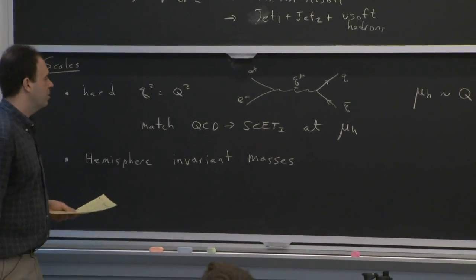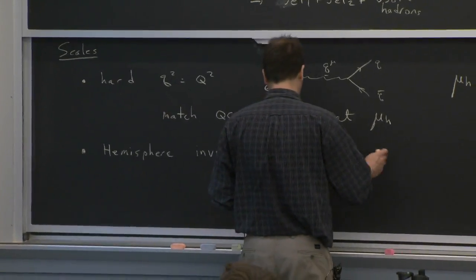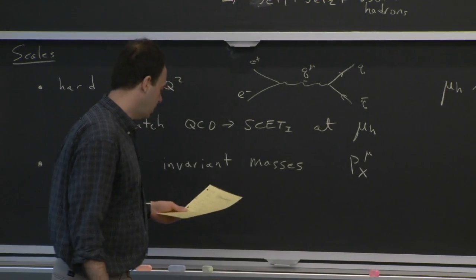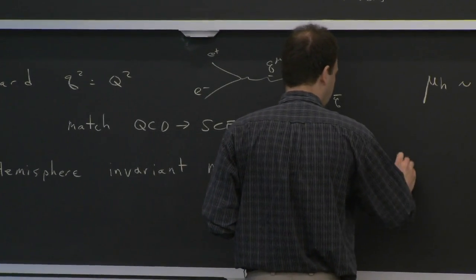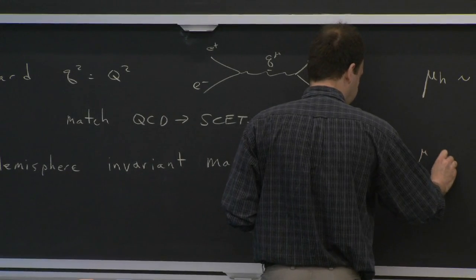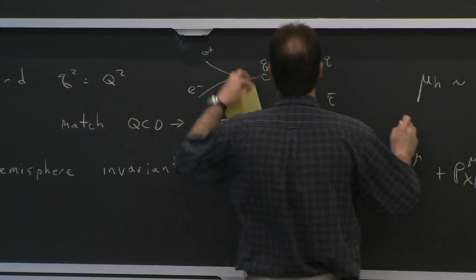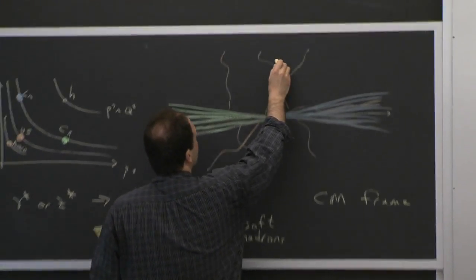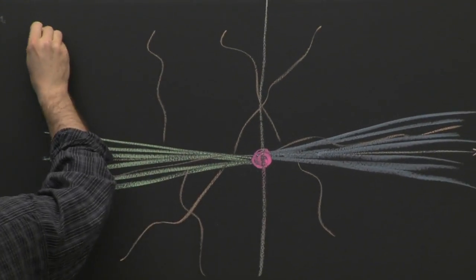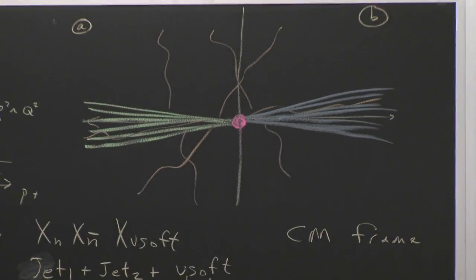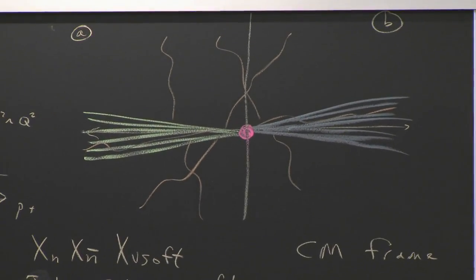So the way that you should think about this is you take all the final state particles, you could just take the sum of all their momenta, and divide it into two parts. Those that are in hemisphere A and those that are in hemisphere B. So let me augment my figure here by saying that there's two hemispheres.